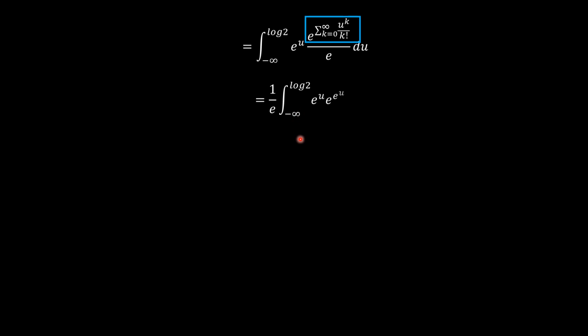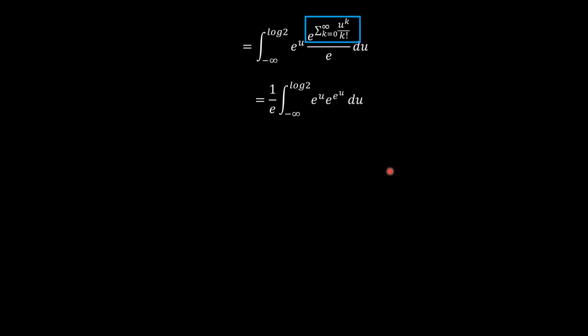And so the equation now, with that summation, we can pull 1 over e out, but also looking at this e to the power summation of u to the power k over k factorial from k equals 0 to infinity is the same as e to the power u. So we do have our equation becoming 1 over e times the integral from negative infinity to log 2 of e to the power u times e to the power u.